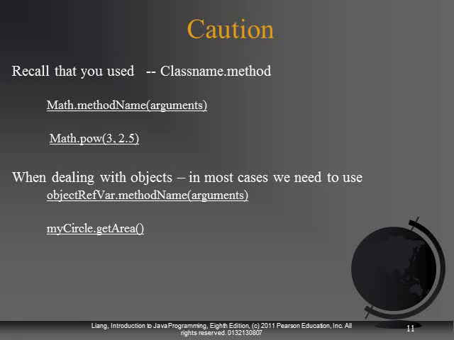Well, we've seen two ways for referencing methods. The first is to use the class name.method name, such as Math.pow. And the second is to use the object variable's name.method name, such as myString.substring.